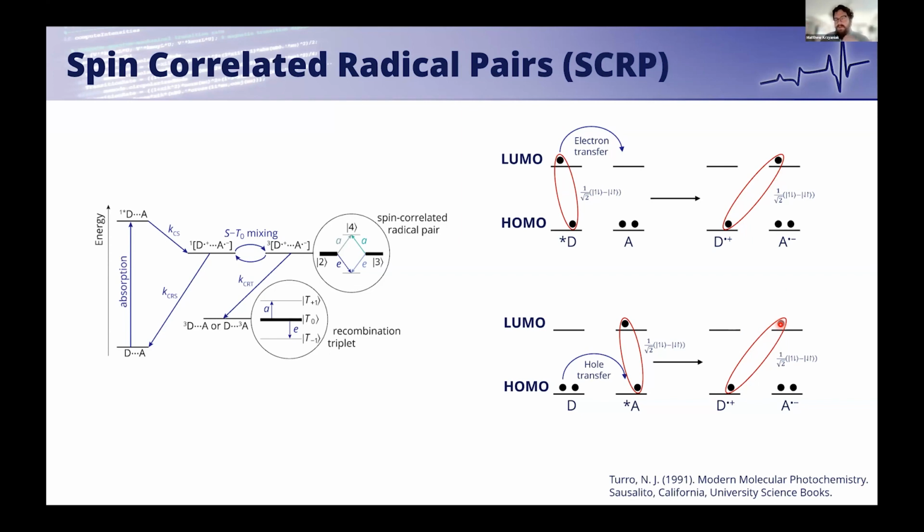And under the correct spin interaction parameters, the singlet state can mix with the radical pair triplet state, which then gives you a spin correlated radical pair spectrum that has two absorptive and two emissive transitions, broadly speaking.